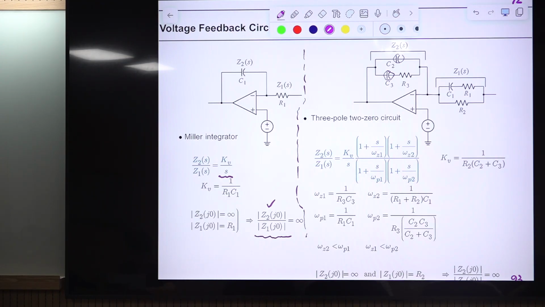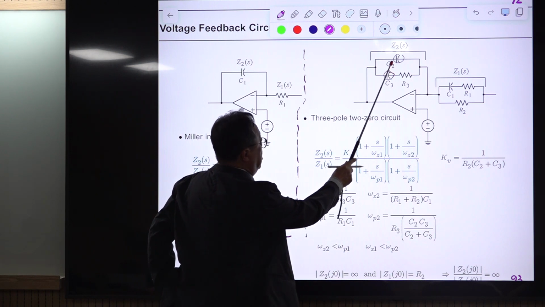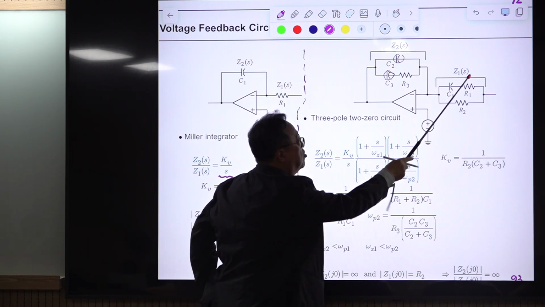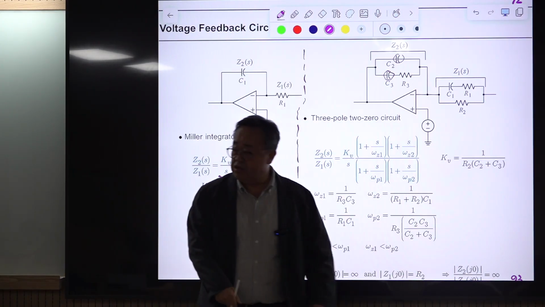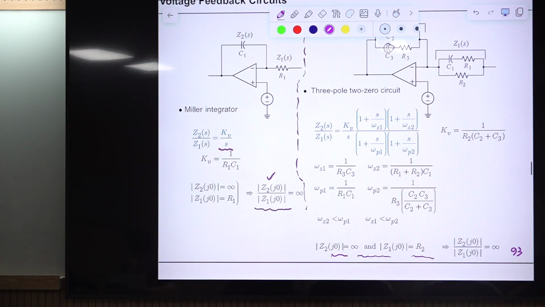So at DC, the impedance of this parallel combination is infinity, and the DC value is open. This R2 is finite. So we have this requirement satisfied for this case.